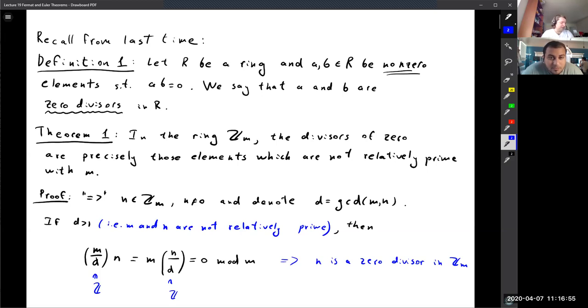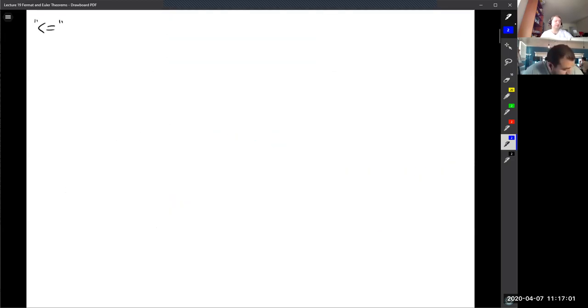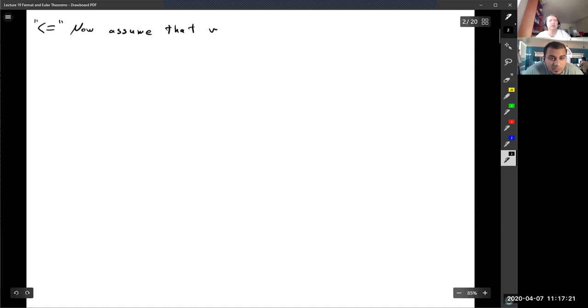But now we need the opposite implication. This is only half of the theorem. So now assume that we can find n1 and n2 such that their product n1 n2 is a multiple of m.